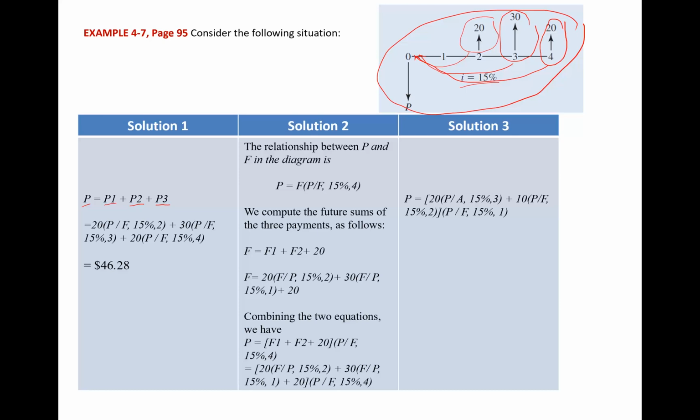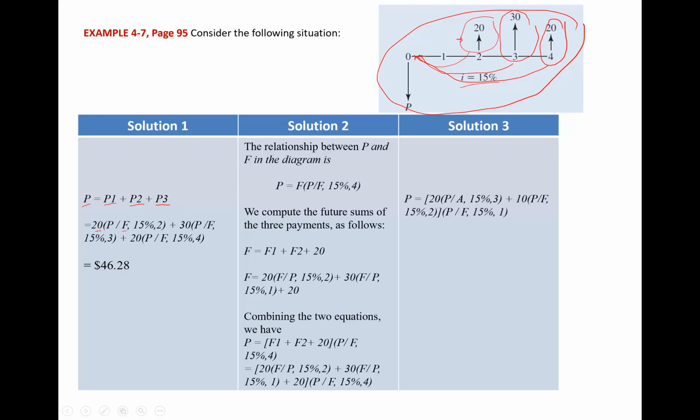So here we got 20 for P1, looking for P given F, because this 20 is considered as the future value, looking for P given F, 15%, 2 years. From the first 20, we have 1 year, 2 years, plus $30, the second amount, multiplied by the factor looking for P given F, 15%, 3 years.